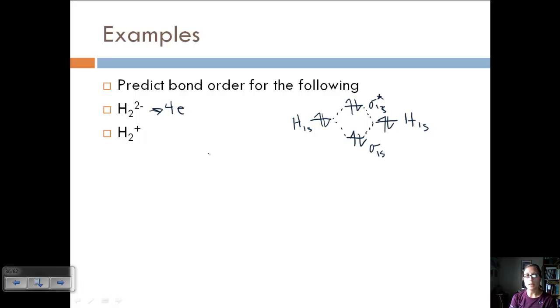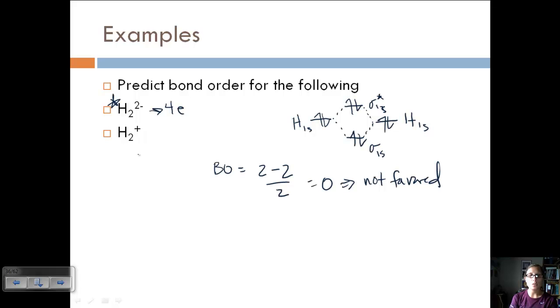And so if we look at bond order, this is equal to bonding electrons minus anti-bonding electrons over 2. So we have 2 of those minus 2 of those over 2, and that's going to give us 0, which means that this molecule is not favored.